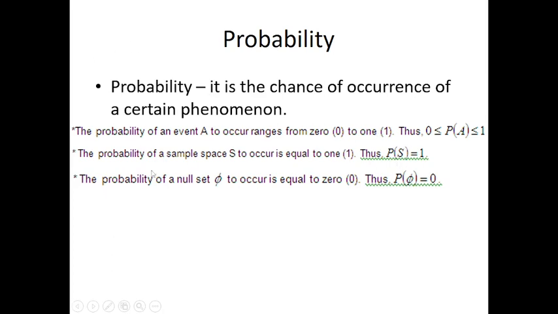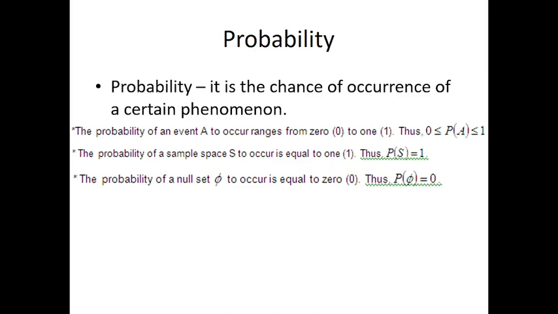So in here, the probability of a null set, phi, to occur is equal to 0. So kapag halimbawa, mutually exclusive yung dalawang events. Pagka mutually exclusive sila, ang probability na mangyayari yung dalawang events ay 0.